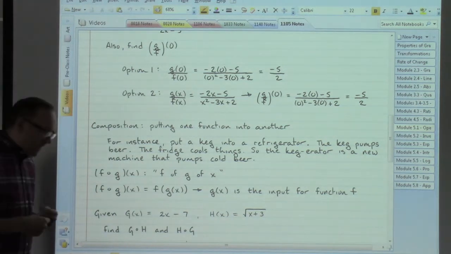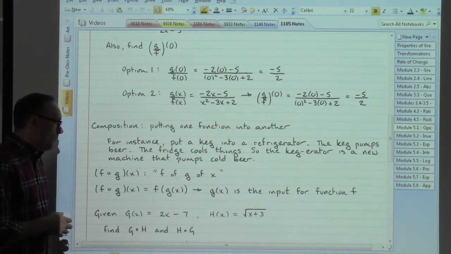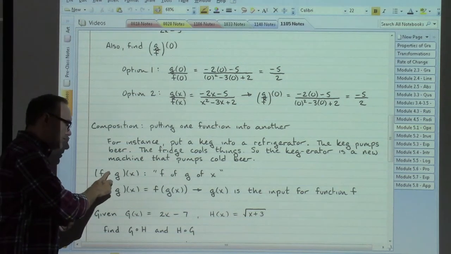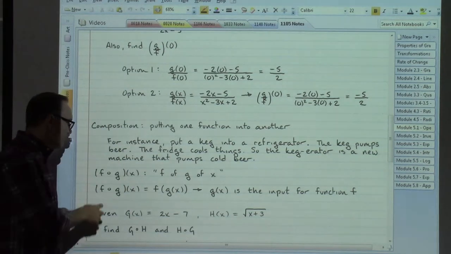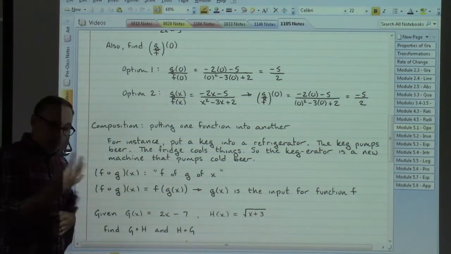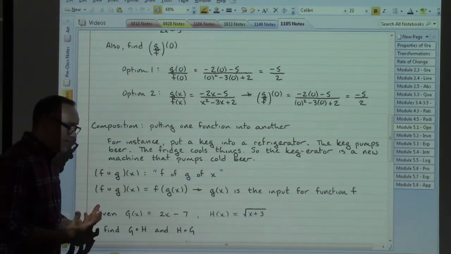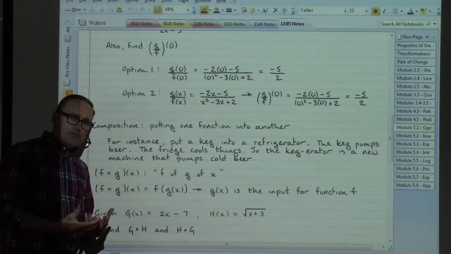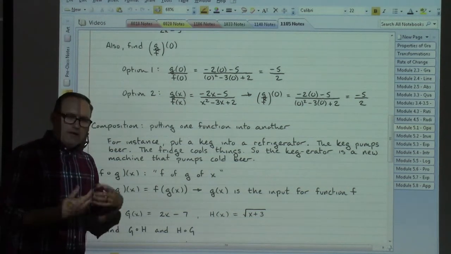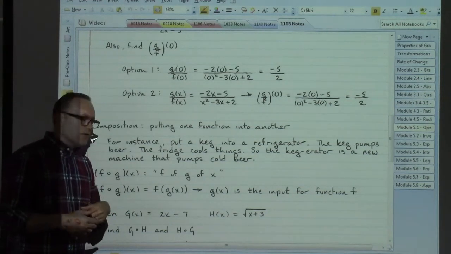We have a different way of notating that we want to make sure that we are aware of. We have this open circle symbol that we use, and that's because the way that we phrase this is still using that function language, f of x, g of x by themselves.